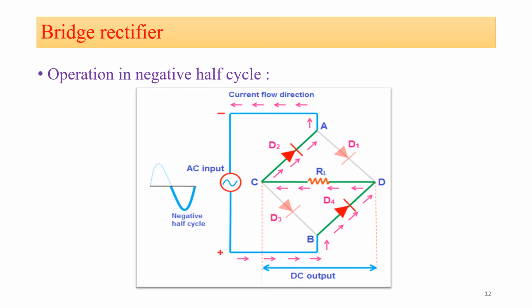So for the negative half cycle, as VAB is negative, that is B is positive and A is negative, diodes D2 and D4 will be in on condition, and at the same instant diodes D1 and D3 are in off condition. So for the negative half cycle, what is the conclusion? You will get the output voltage across the load due to diodes D2 and D4, and at the same instant diodes D1 and D3 are in off condition.